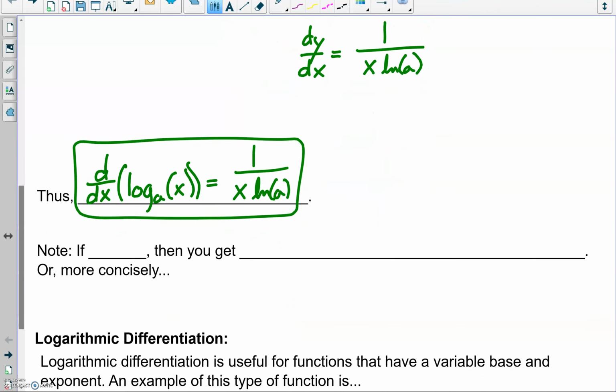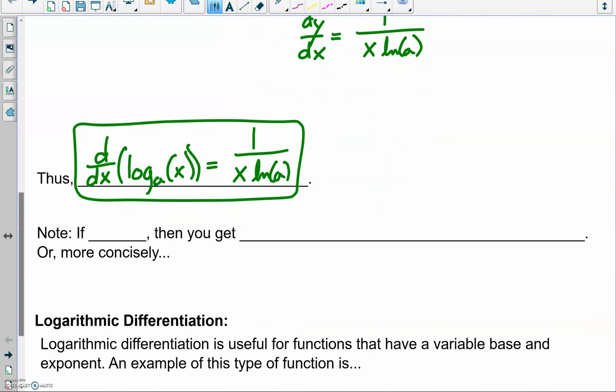All right, one thing to note moving forward with this is that if your base a is actually the natural number e, 2.718, etc., then if we start this out, d dx, and when you have the base e, that's really the natural log. So you've got this natural log of x. And I'm going to go ahead and write this out a little bit more explicitly, you don't usually write it this way, but just to make it stand out.